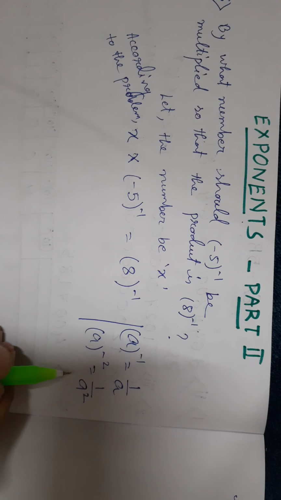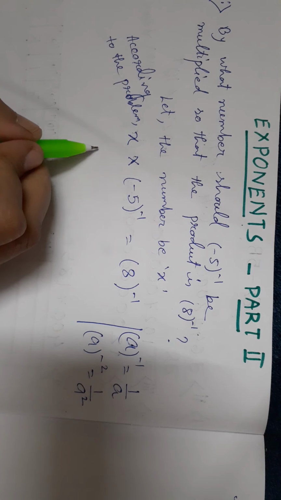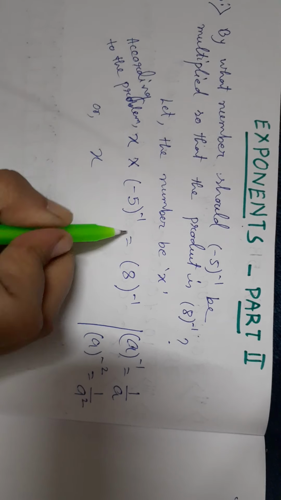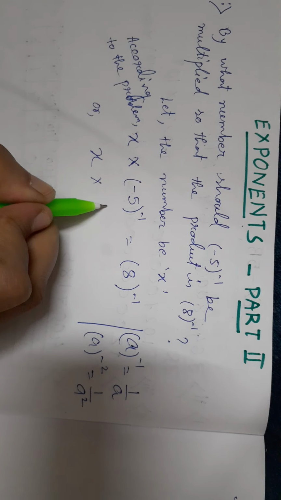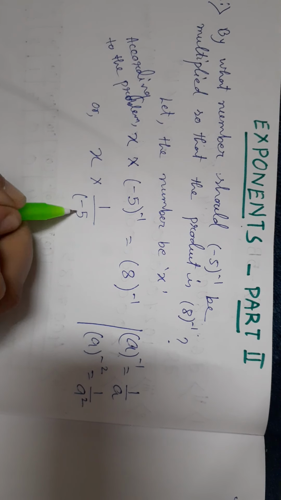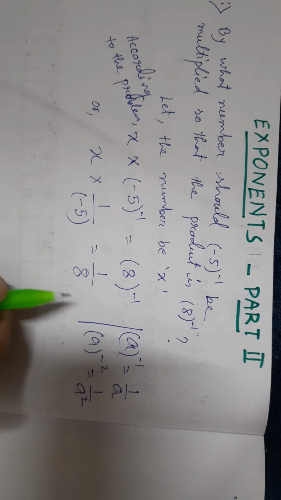This we have already done in our previous class. So here also we can write -5 raised to the power -1 as 1 by -5. Similarly, 8 raised to the power -1 we can write as 1 by 8.